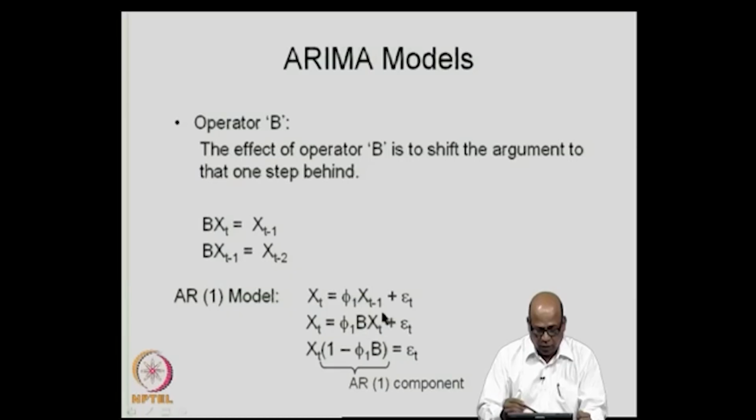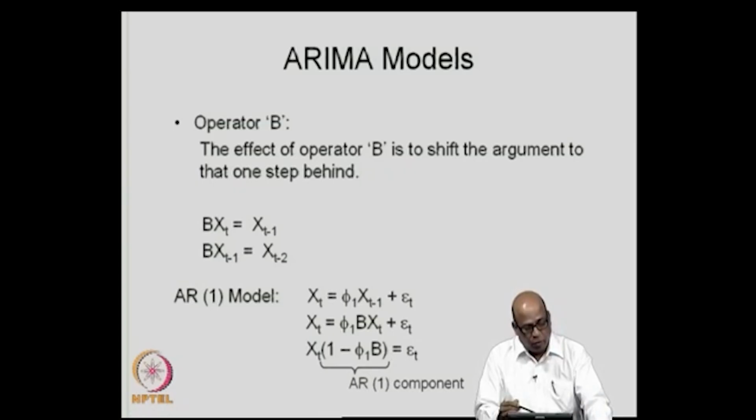So, x t is equal to phi 1 into B x t plus epsilon t. I will take all the x t terms on one side. So, I will write it as x t into 1 minus phi 1 B is equal to epsilon t. So, 1 minus phi 1 B becomes the term for the AR1 component. So, we are saying x t into the AR1 component is equal to epsilon t.